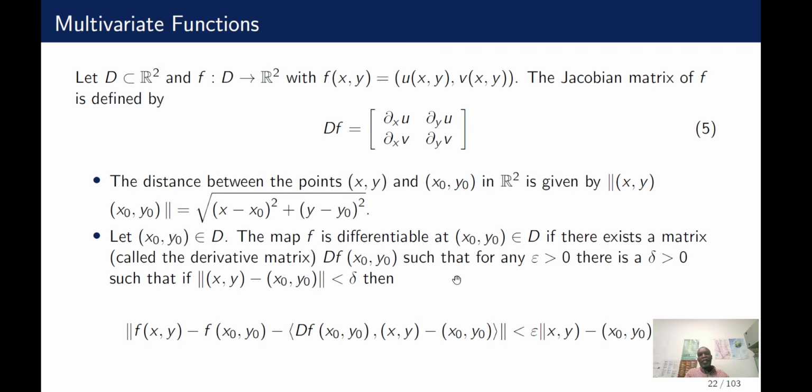That is what this slide is just telling us. So we'll not worry much about that, but when you come back to multivariate functions, we'll consider that. So we're going to have that later on.